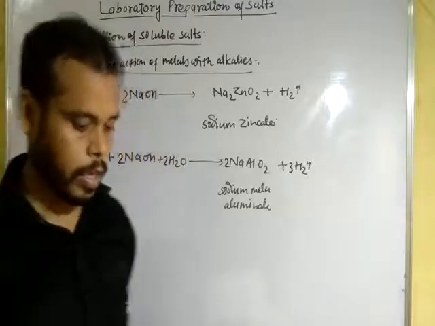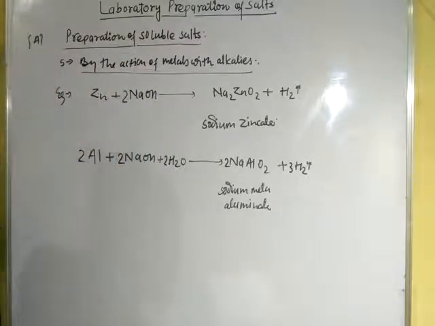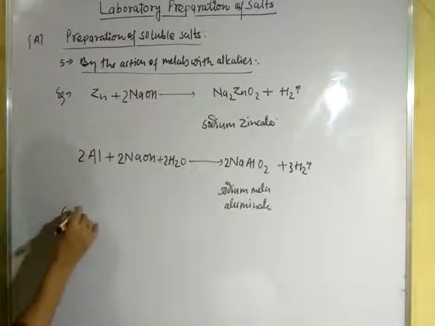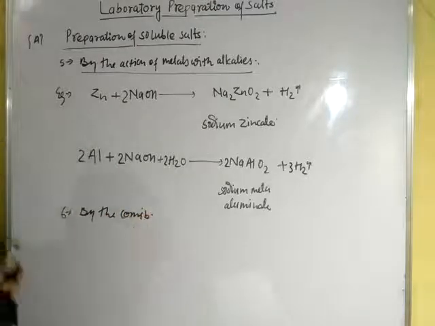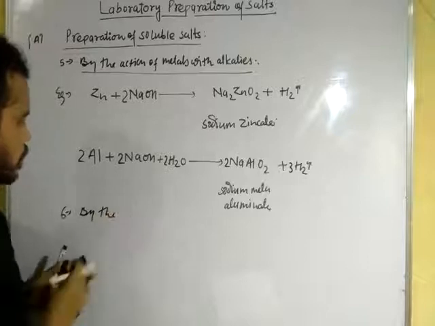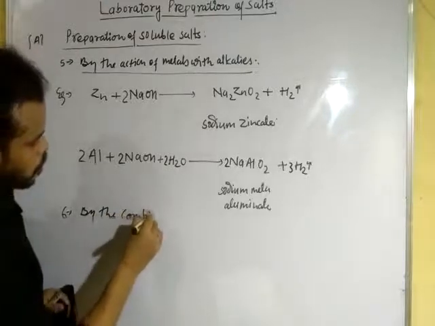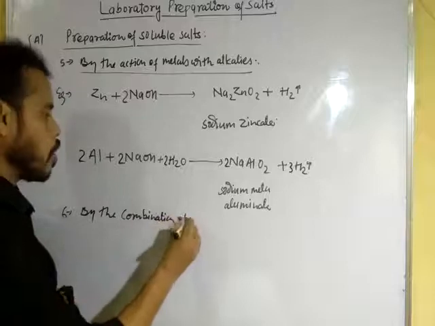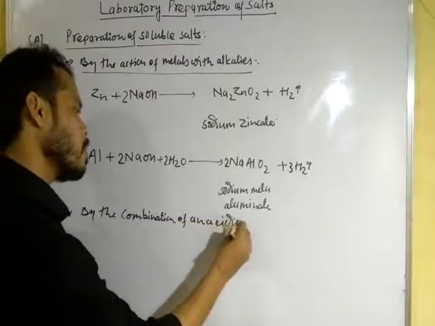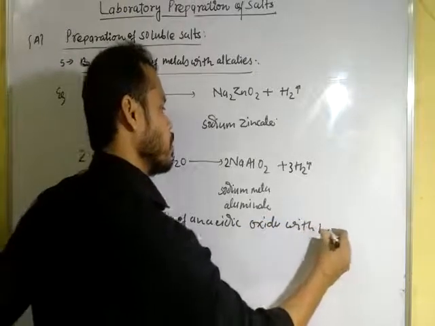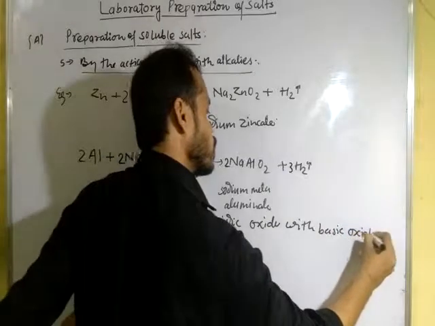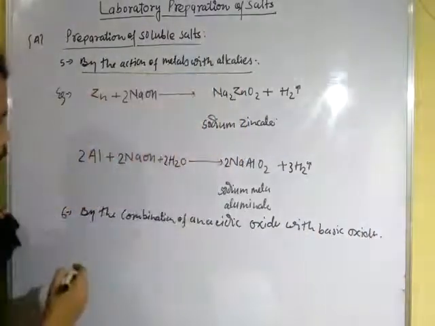Now another method, number 6, is by the combination of an acidic oxide with a basic oxide. Let us see the example.